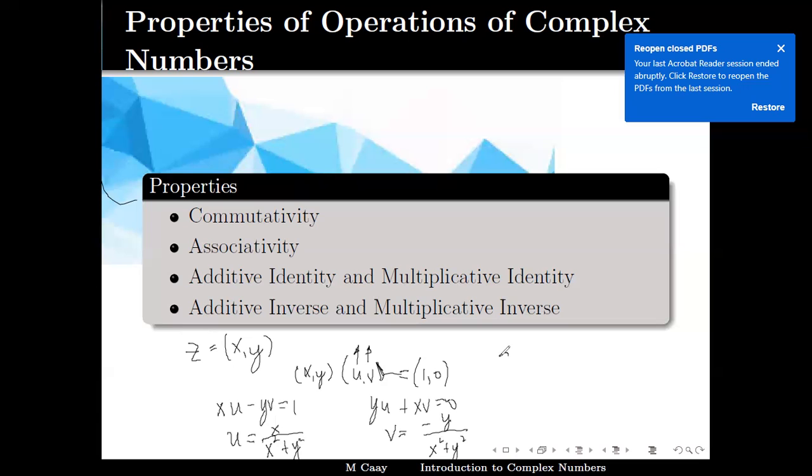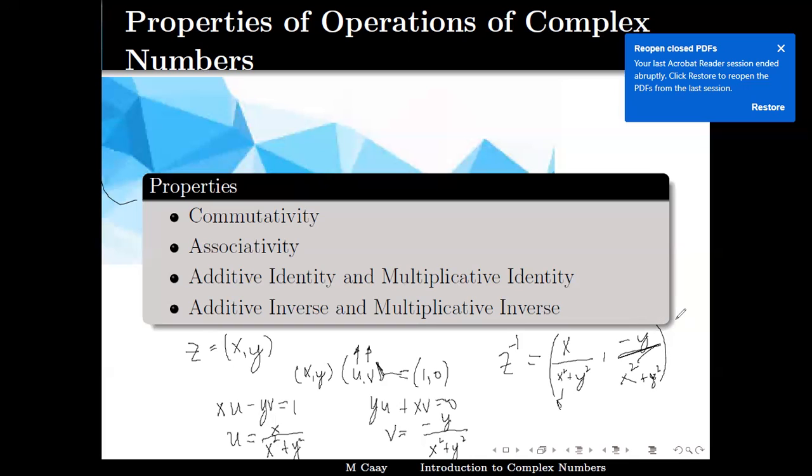This implies that the z inverse, or the multiplicative inverse of z, is (x over x squared plus y squared, negative y over x squared plus y squared).